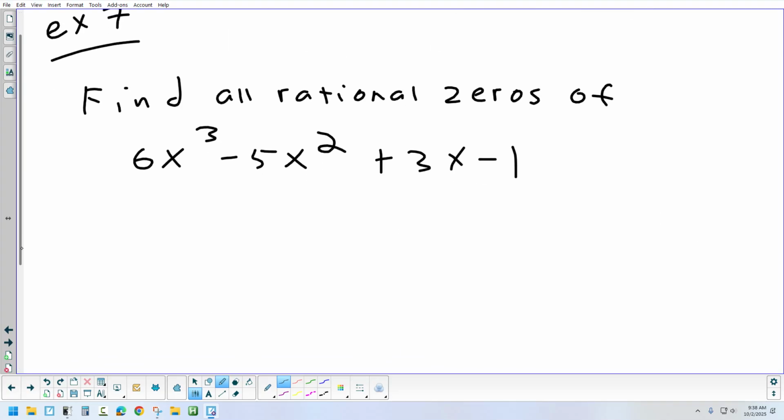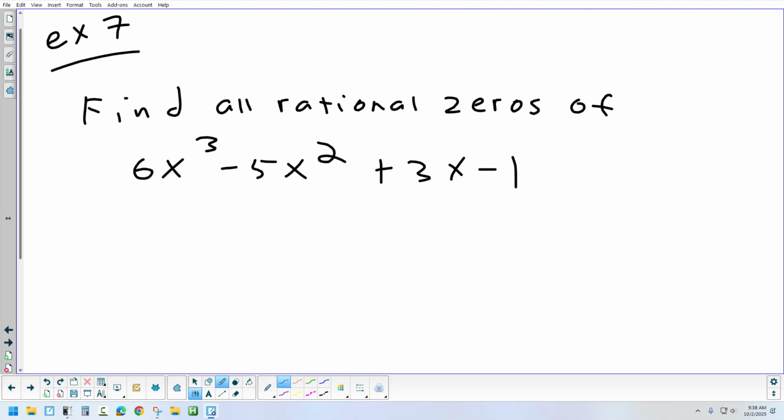All right, so let's find all rational zeros here. What are my p-values in this one? Plus or minus 1. And my q values?